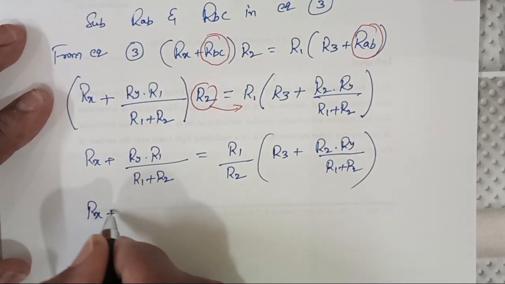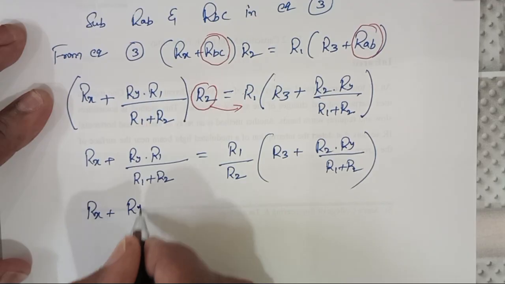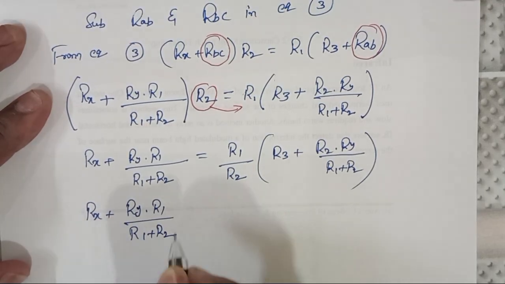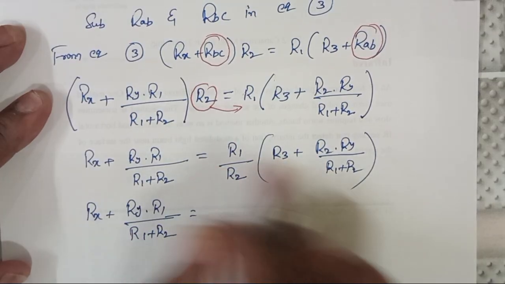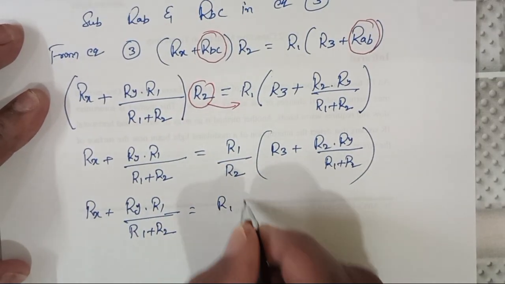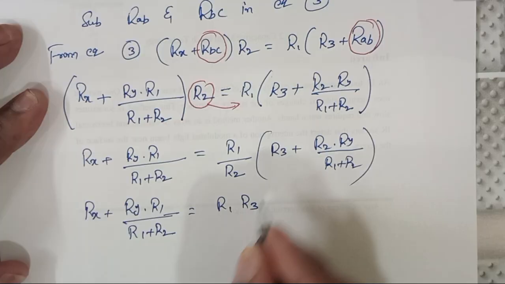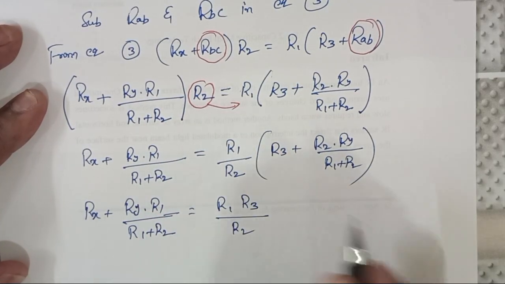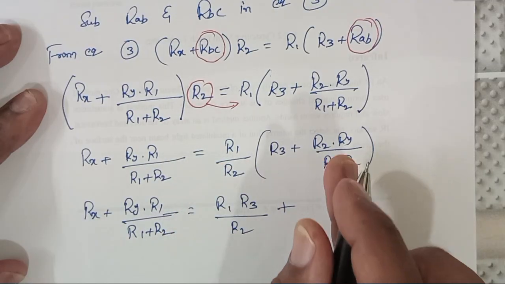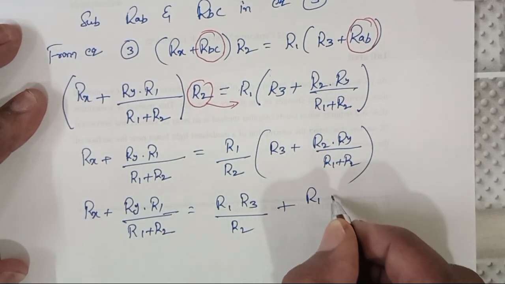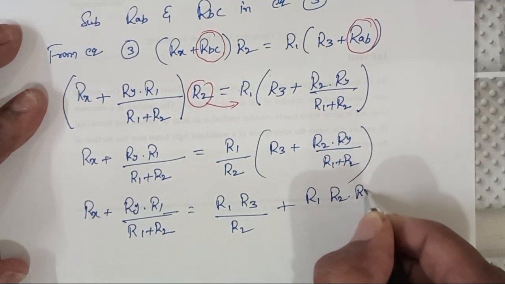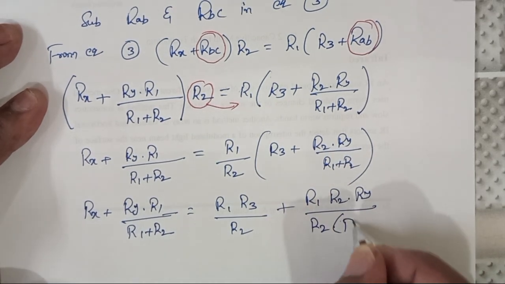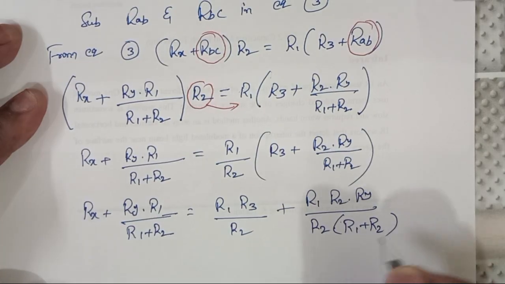Rx plus Ry into R1 by R1 plus R2 equal to, just I am multiplying here, R1 R3 by R2, plus R1 R2 Ry by, within the denominator, R2 into R1 plus R2.